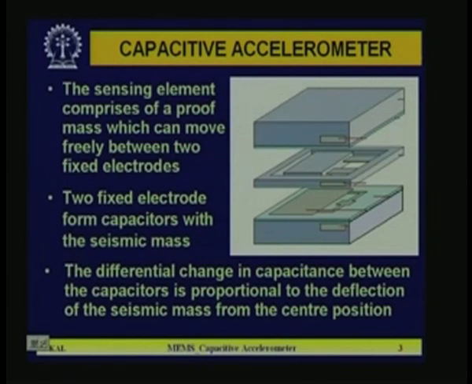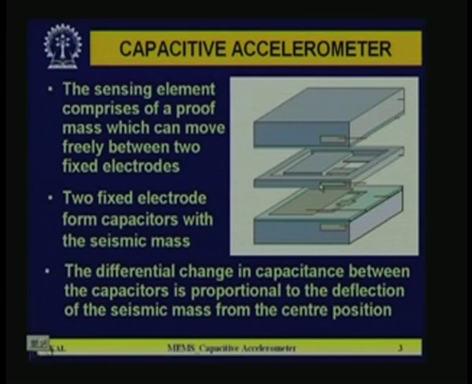The middle piece is basically the sensor, and the top and bottom are two fixed electrodes which form parallel plate capacitance with the central piece. The central piece comprises a probe mass which can move freely between the electrodes, and accordingly the capacitance between the top fixed plate and the middle sensing electrode, and that with the bottom fixed electrode, will vary.